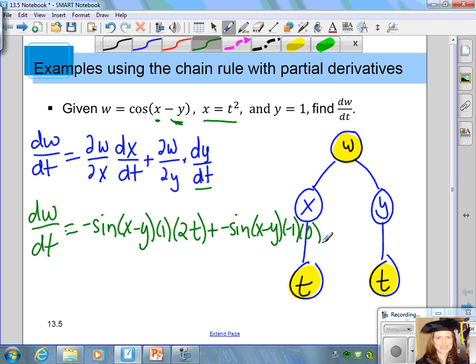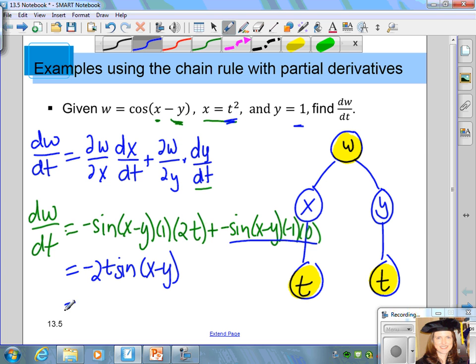Now we can simplify this to get our answer in terms of x, y, and t. When you simplify this, you can write it as negative 2t sine of x minus y. And then when you multiply these, that whole thing is equal to 0. Now what we're going to do is replace the x in this equation with what it equals, and replace the y in the equation with what it equals.